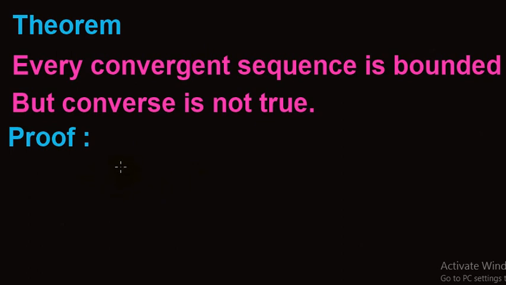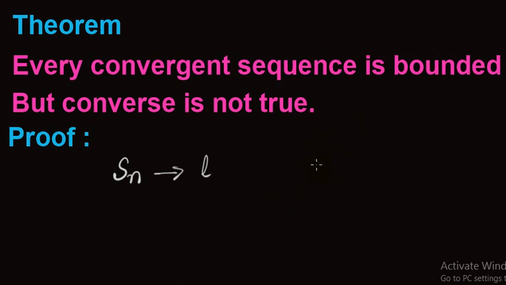Consider we have a sequence Sn and Sn is a convergent sequence, that is Sn converges to some limit L. We need to prove that Sn is a bounded sequence.